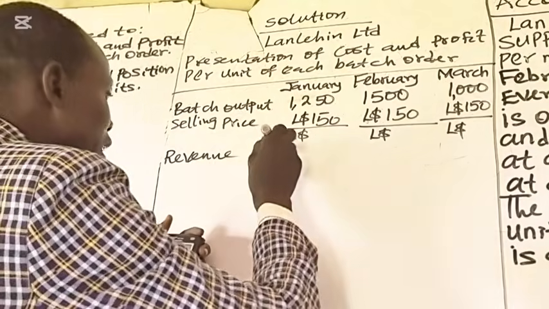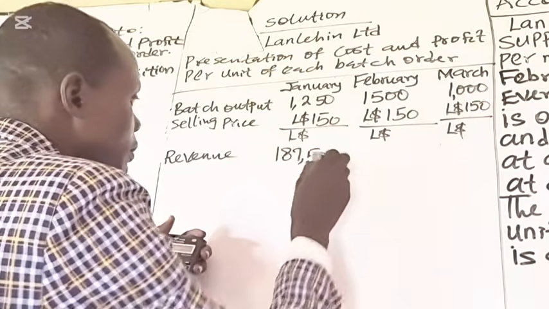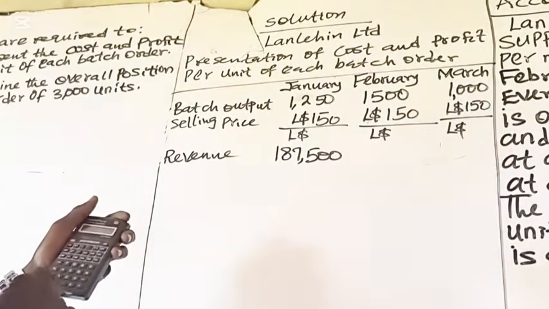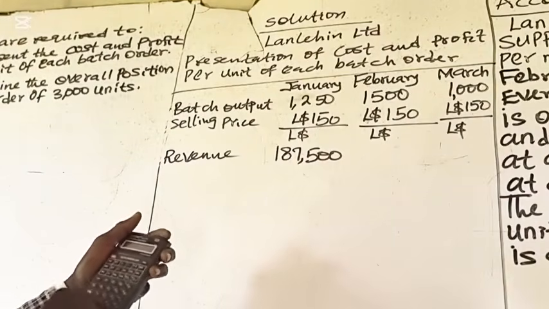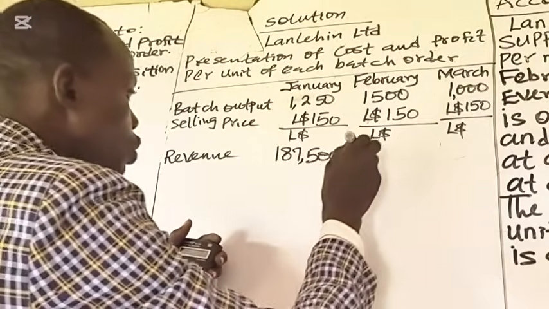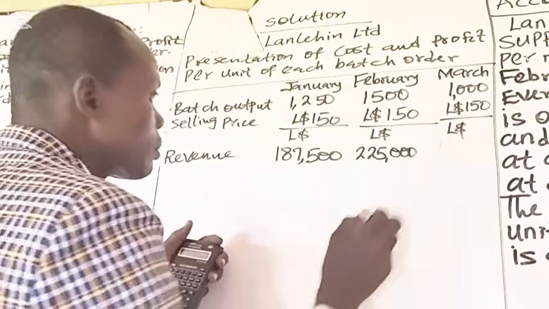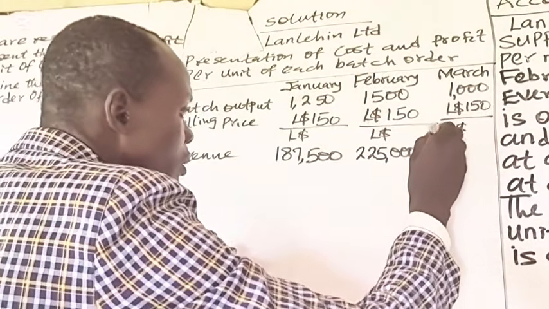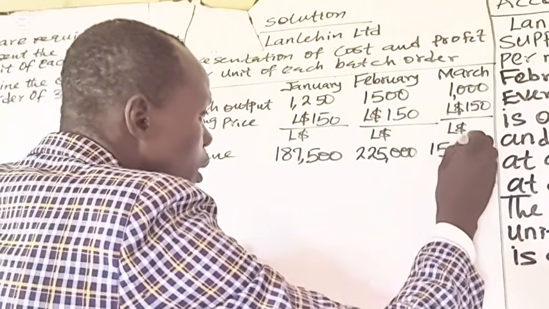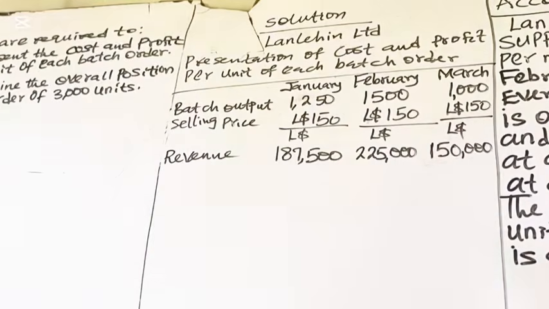That gives us 187,500 Liberian dollar. In the month of February, we have 1,500 times 150. That gives us 225,000 Liberian dollar. In the month of March, we have 1,000 times 150. That will be 150,000 Liberian dollar.